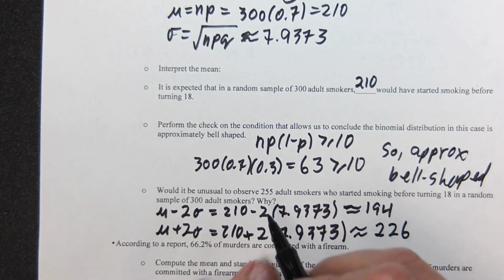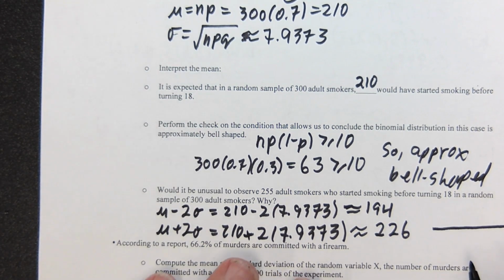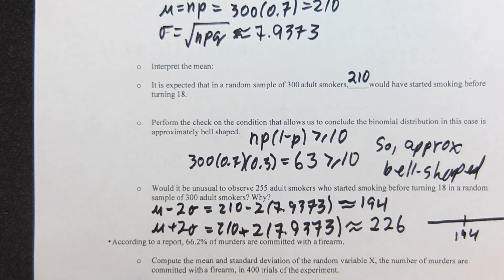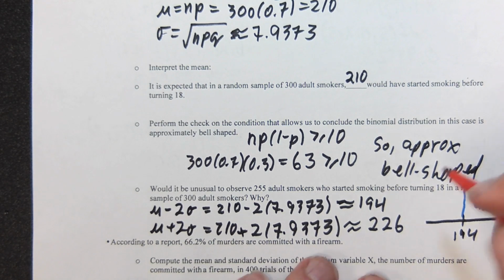So they're asking if 255 would be unusual. So 194, 226. So in here, this is my usual range. Out here, this is my unusual.